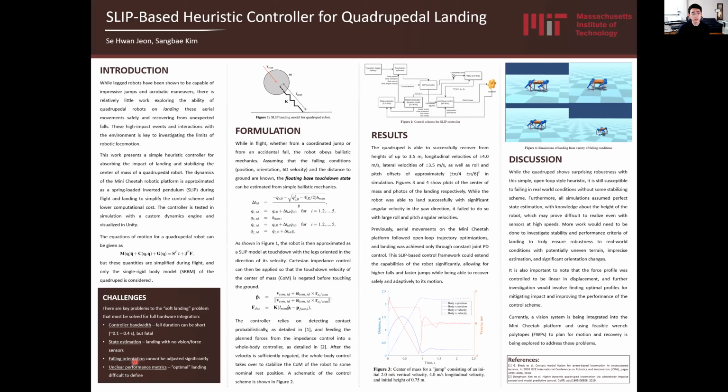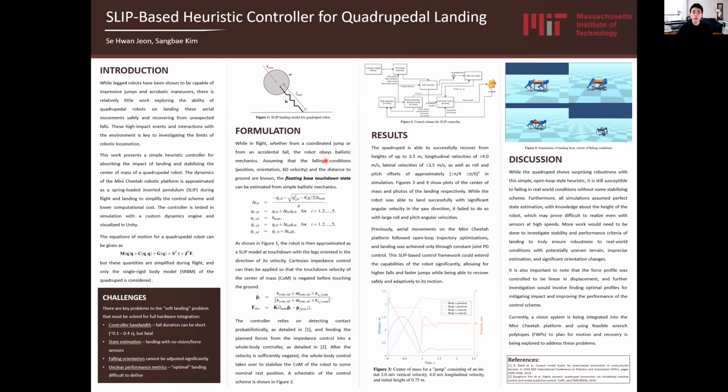It's also important to note that the orientation while falling cannot be adjusted significantly because the limbs of the Cheetah are so light, it's difficult for it to adjust its orientation to land in a more advantageous way. And lastly, it's unclear what performance metrics define the optimal landing, whether it's some sort of minimization of the ground reaction forces, the acceleration, or jerk, or some other quantity that may be a combination of those.